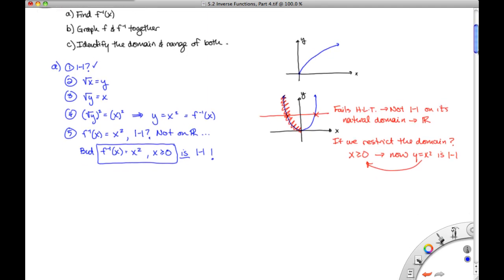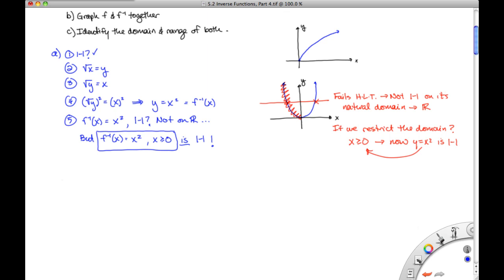For part B, we're going to want to graph these two together. We've kind of already gotten a pretty good start here. So let's just put this over here for part B. If we draw our axes, so we've got our x and our y.